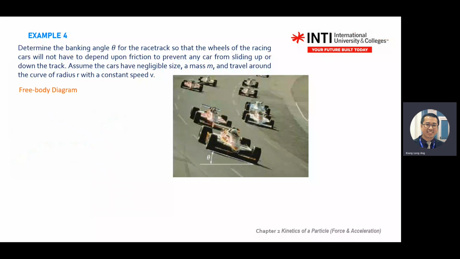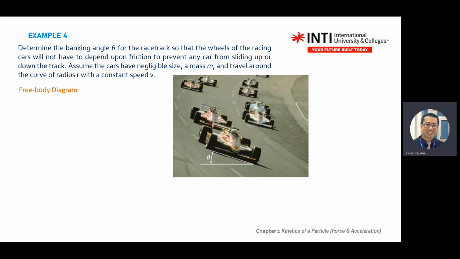Let's apply what we learned. Determine the banking angle of the racetrack so that the wheels of the racing car will not have to depend upon friction. What does it mean? It means, what is the condition of the racetrack? If you cut the racetrack, it will have a certain angle. Let's say this is the wheel.